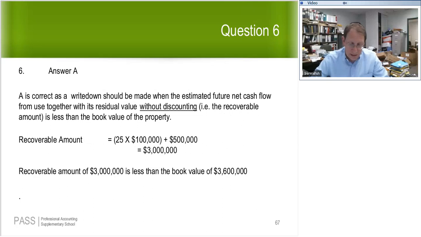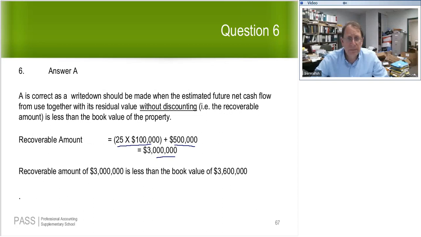ASPE, no discounting. What's my cash flows? My cash flows are $100,000 for 25 years, fine. Plus, I'm going to get another $500,000 when I get rid of it. The residual value is $500,000. So my recoverable amount is $3 million. What's my book value? What's my carrying amount? 3.6.